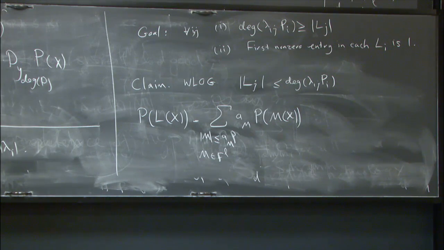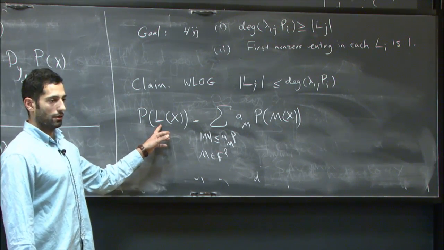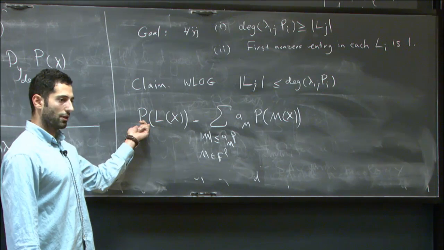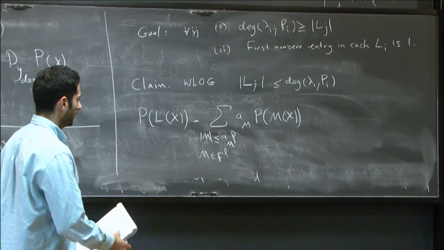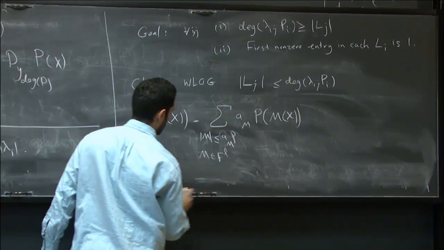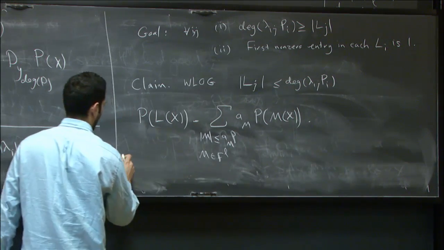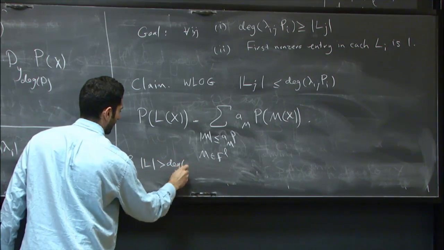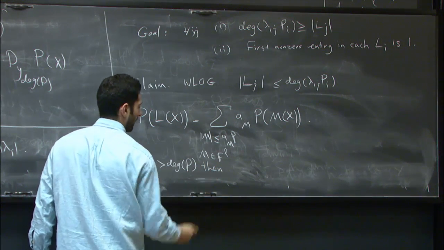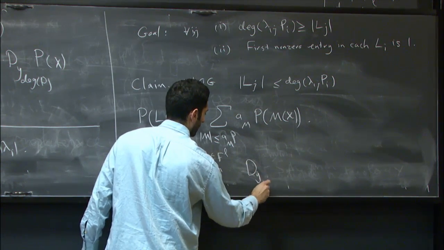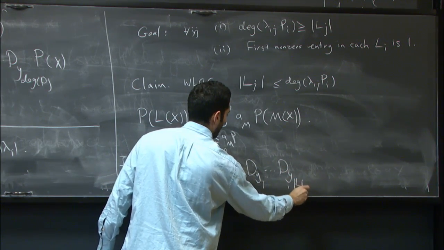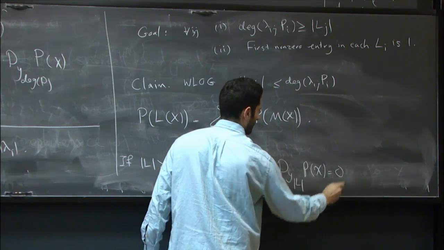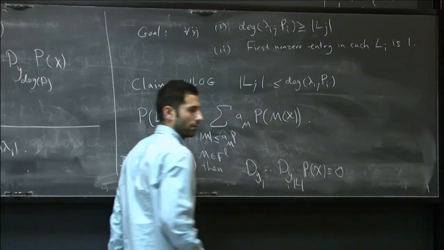How do we prove this? This is simple. You assume that L had a heavier weight than p. So we know that the d plus first derivative of p is 0, right? In particular, if the weight is greater than the degree of p, then we know that the derivative in directions y_1 up to y_l of p at any input x is going to be identically 0.